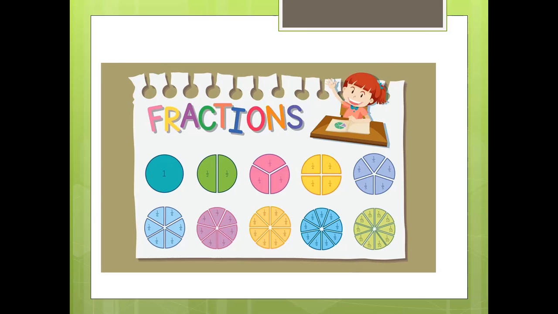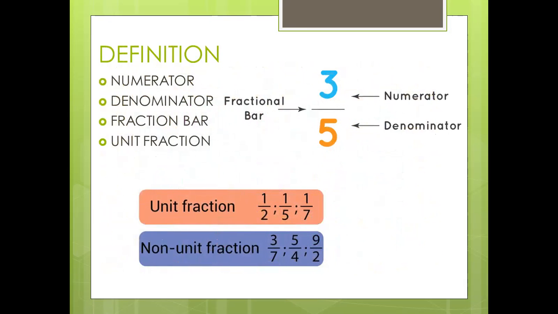For example, we have here a whole, one whole, and then halves, and then one-thirds, and then one-fourths, one-fifths, and so on and so forth. So let's go to the definition of fraction. Here we have the parts of a fraction.